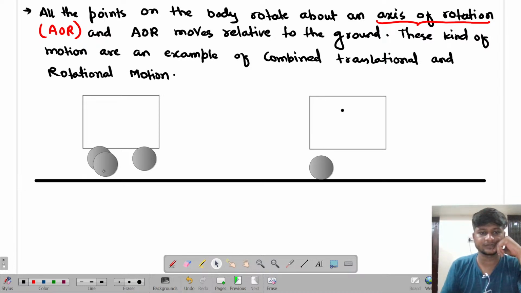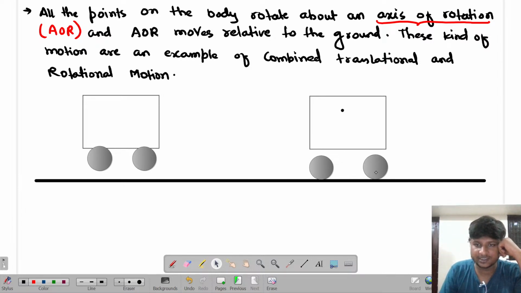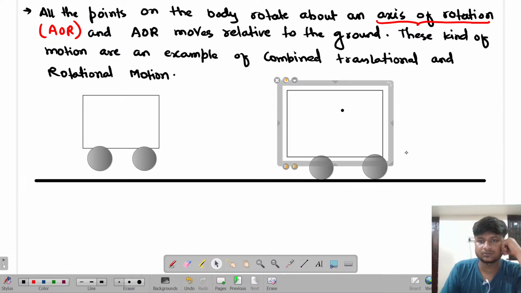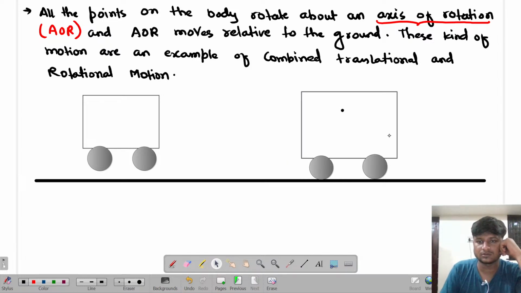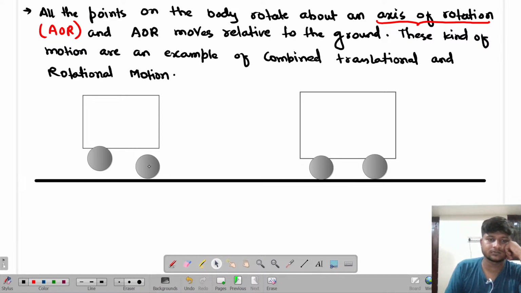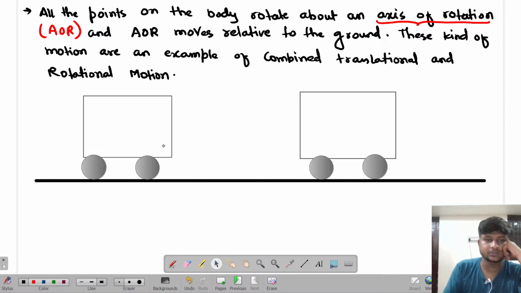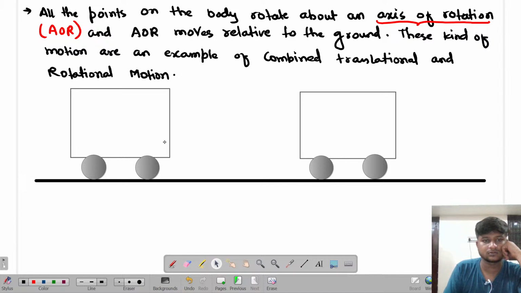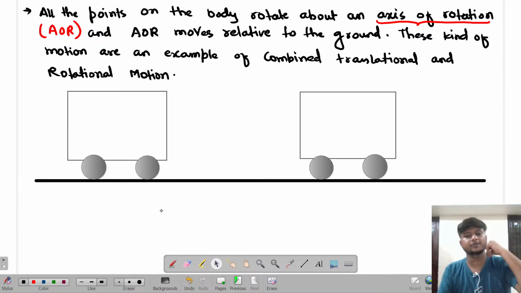Okay, so let us take an example. Let's suppose I have a trolley, and it's moving in space. Got it or not? Okay, so I just move this trolley. Is that clear?